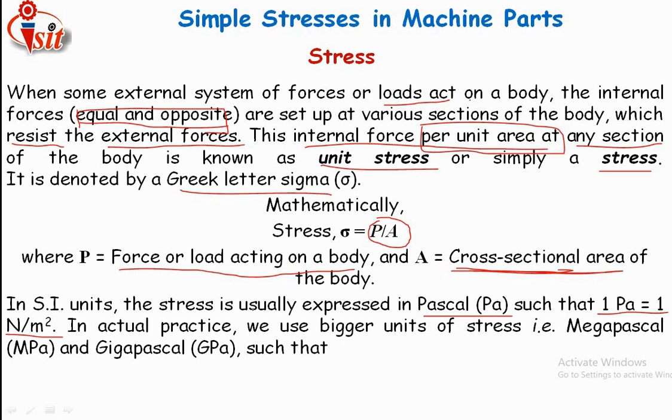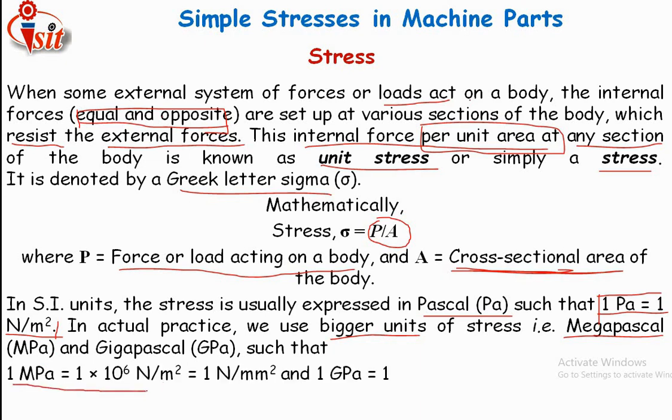The basic unit of stress, that is the SI unit of stress, is the Pascal, and its relationship is 1 Pascal is equal to 1 Newton per meter square. And another unit, when we want to express a stress in bigger units, then 1 megapascal, 1 MPa, or 1 gigapascal. Its relationship is 1 megapascal is equal to 1 into 10 raised to 6 Newton per meter square, that is 1 Newton per square millimeter.